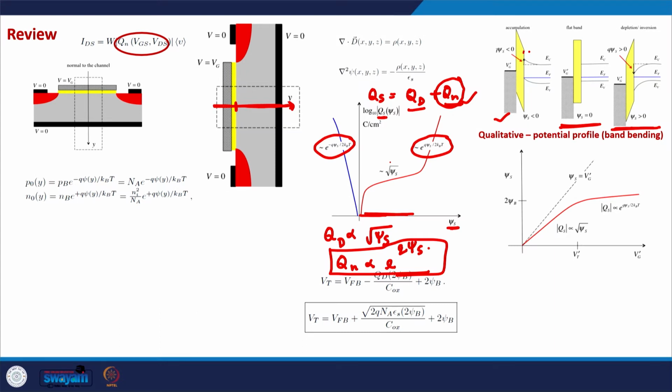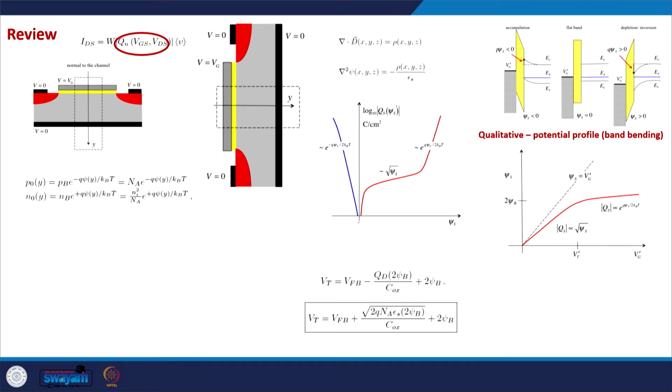So this is an important relationship of the semiconductor charge as a function of semiconductor surface potential, because this gives us a lot of idea of how things are going on at various gate voltages. Then we also saw the relationship between psi s and Vg, which is the dependence of psi s on the externally applied gate voltage. Vg is the voltage that we apply on the device, and psi s is the voltage that appears on the interface.